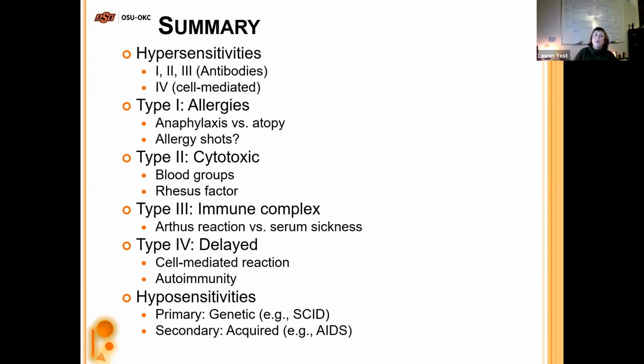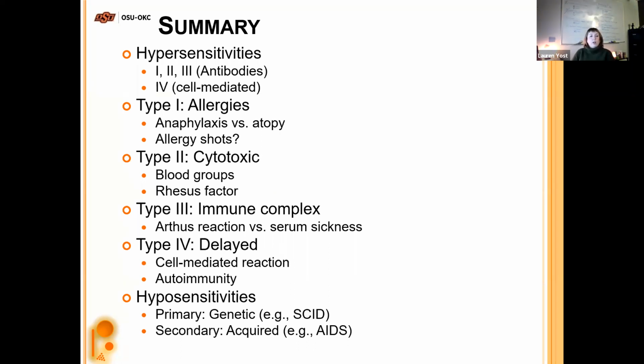So that's it for chapter 16. We talked about hypersensitivities, type 1, 2, and 3 dealing with antibodies, and type 4 with cell-mediated. Type 1 was the allergies, type 2 was cytotoxic, antibody-associated stuff. We're dealing with blood groups, and rhesus factor is Rh factor, which is what we specifically talked about in that category.